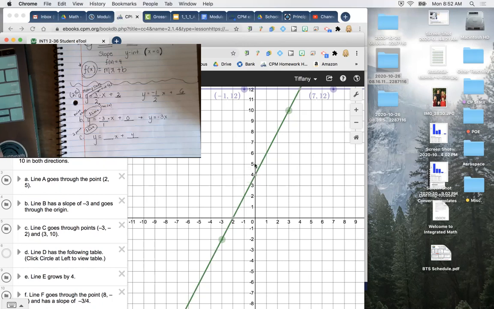So I go up 1, 2, 3, 4, 5, 6. I go up 6, that's +6. And I go over, now I run over 1, 2, 3. I go over 3. Oh, but I realize I can reduce that, right? 6 divided by 3 is 2.